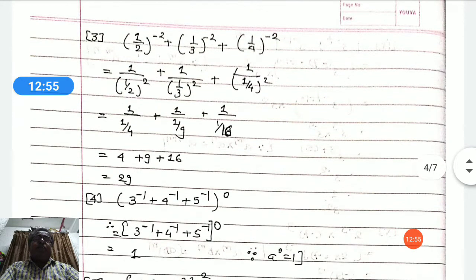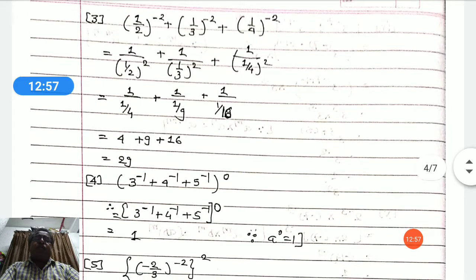4 2 ja 8. So we get answer is equal to 1 by 2. Now third example, 1 by 2 raised to minus 2 plus 1 by 3 raised to minus 2 plus 1 by 4 raised to minus 2.